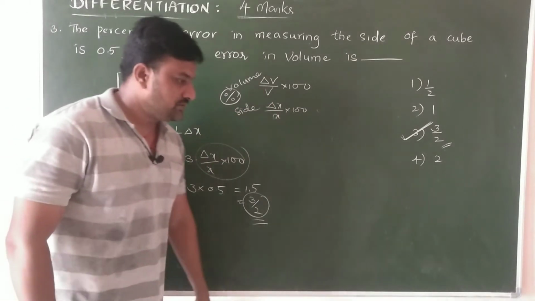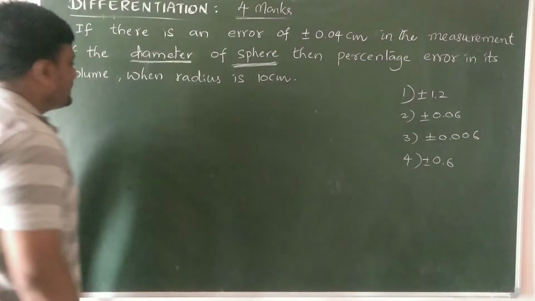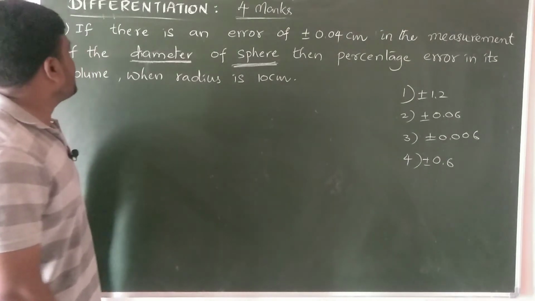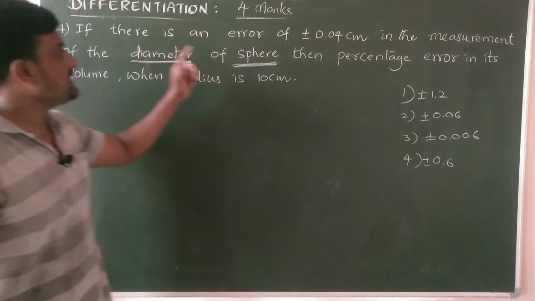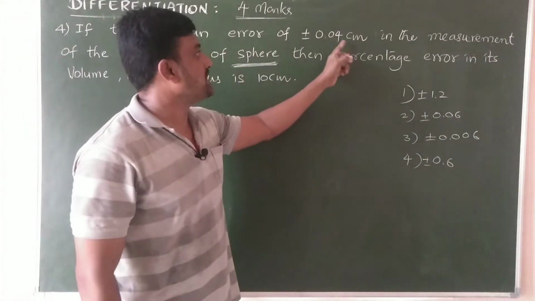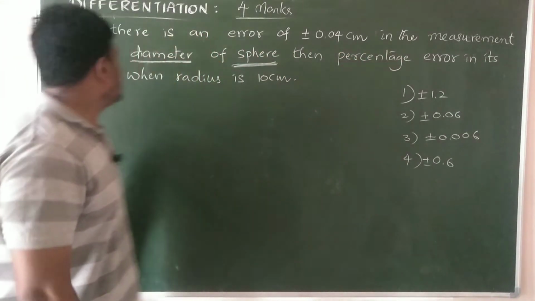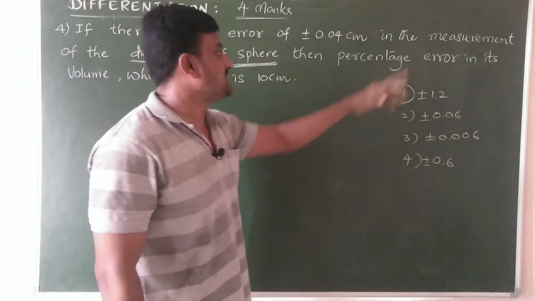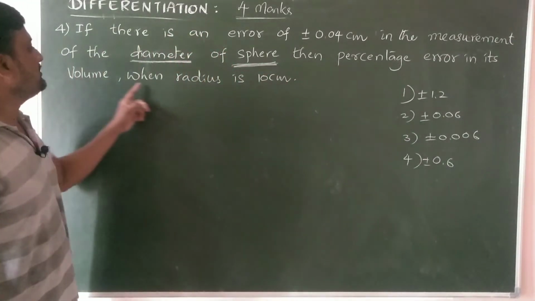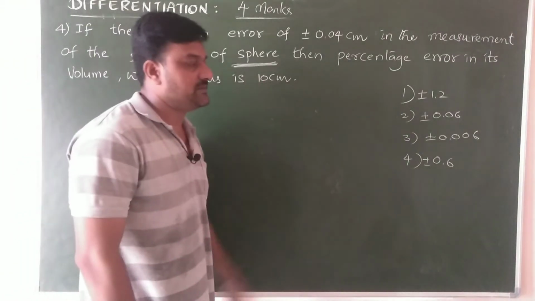These are the percentage errors. Let us do one more question from errors and approximations. If there is an error of plus or minus 0.04 centimeter in the measurement of the diameter of a sphere, then find the percentage error in its volume when radius is 10 centimeters.